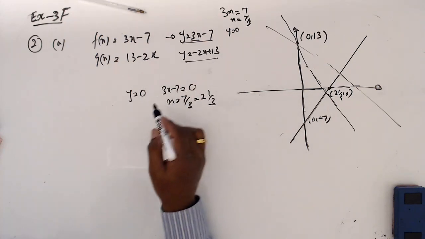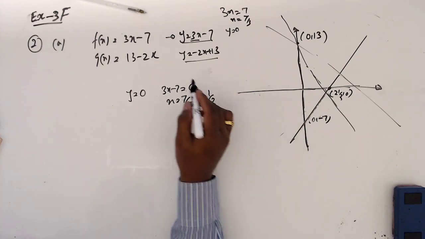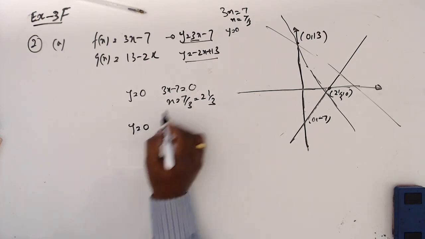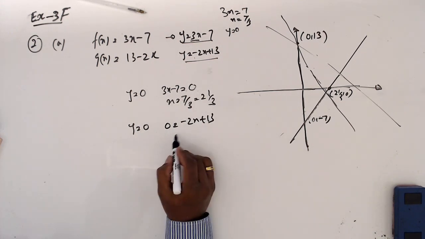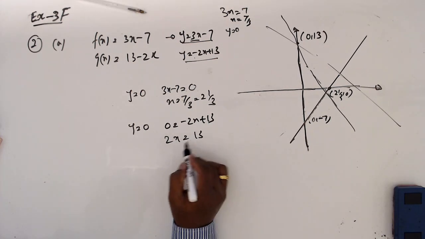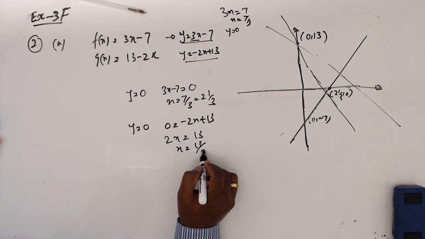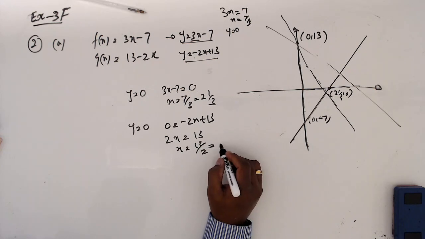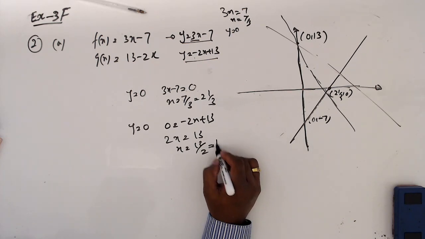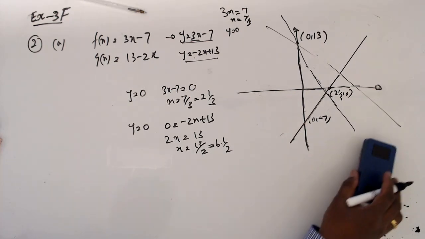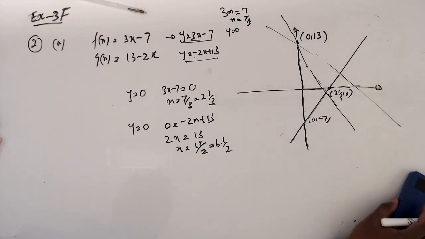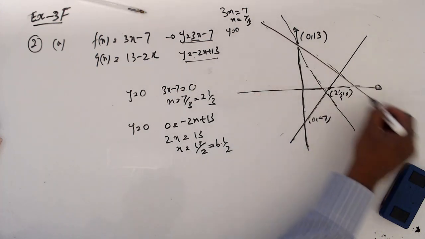How about this one? y equals 0, 0 equals minus 2x plus 13. So 2x equals 13, x equals 13 divided by 2. That is 6 and a half.